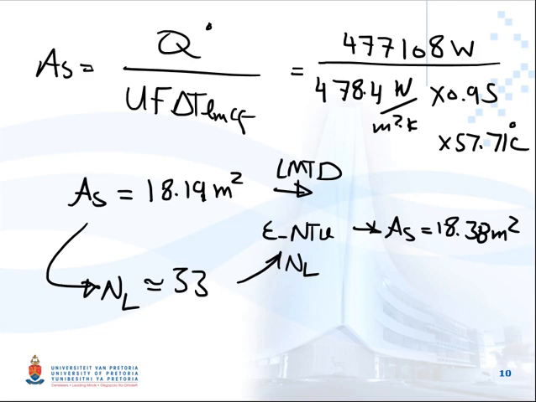And this 18.19 square meter is very close to 18.38 that we calculated from Epsilon NTU. Both methods give the same result. It doesn't matter which method you use, the final answer should be the same. If you do all the steps correctly, you can't get completely two different answers from the Epsilon NTU or LMTD method.